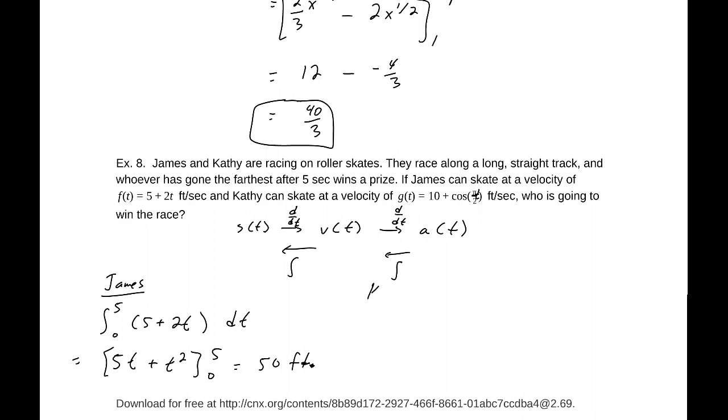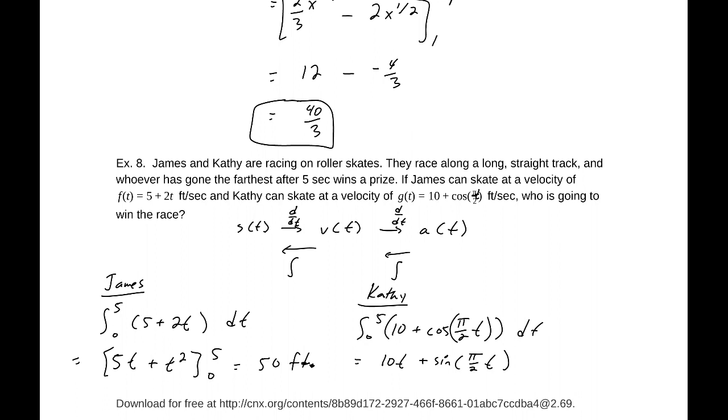Now, Kathy, on the other hand, is a little more tricky. Integral from 0 to 5 of 10 plus cosine of pi over 2 t dt. We'll have to apply our chain rule here in reverse. This will be 10t plus sine of pi over 2 t.